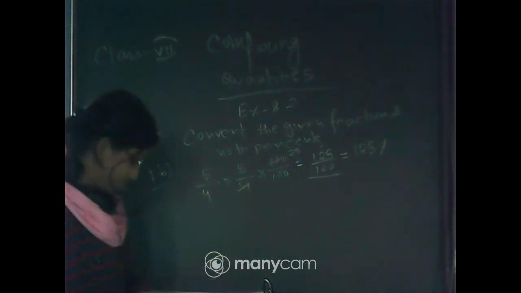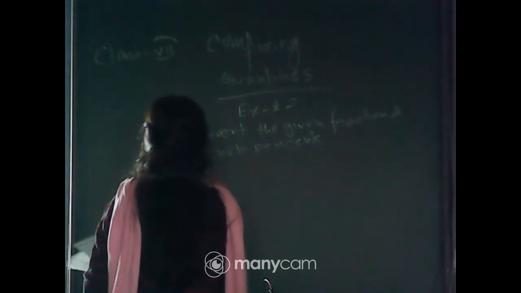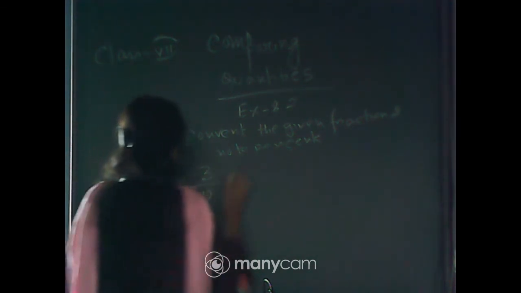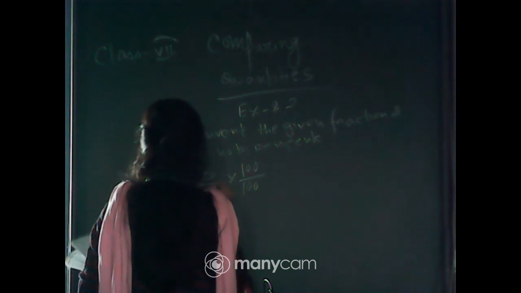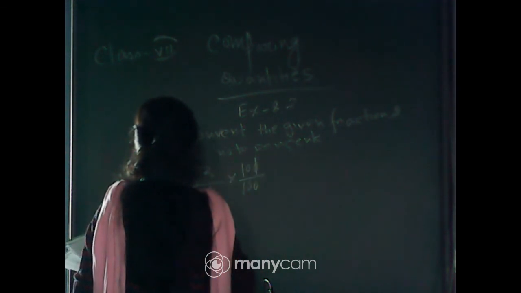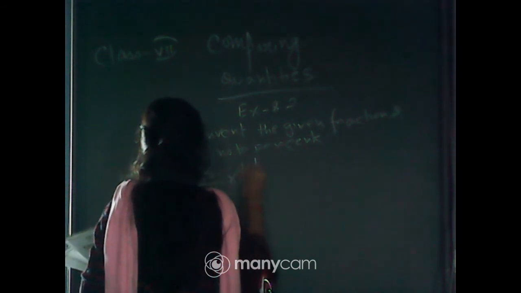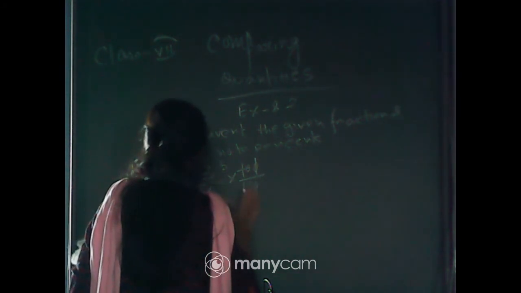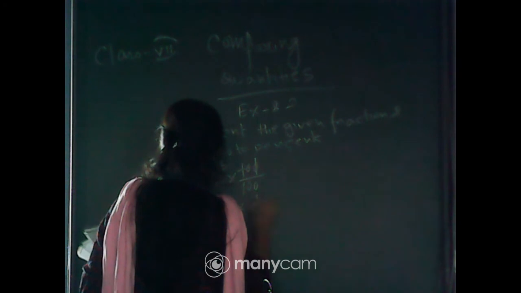The next question is 3 by 40. To convert it into percentage, we multiply both the numerator and the denominator by 100 and we get 1 by 100.